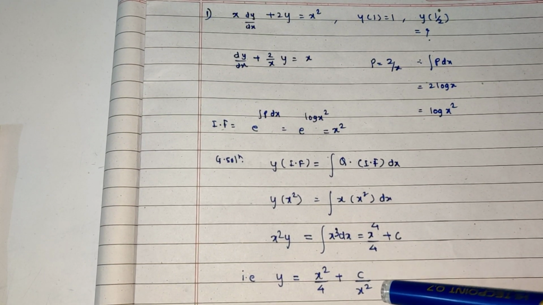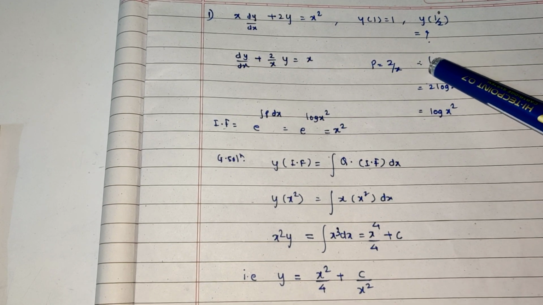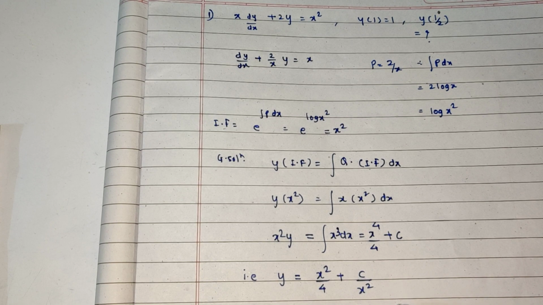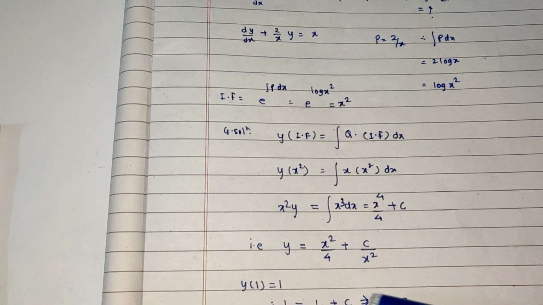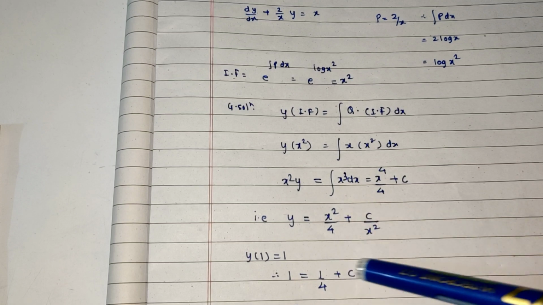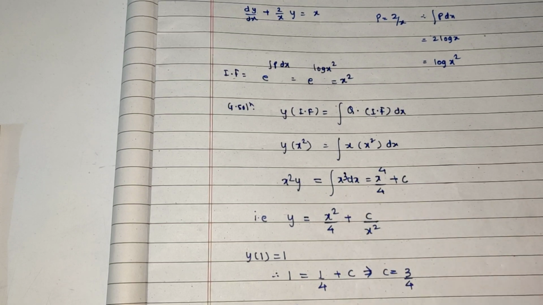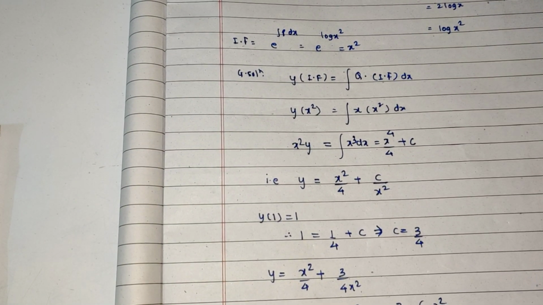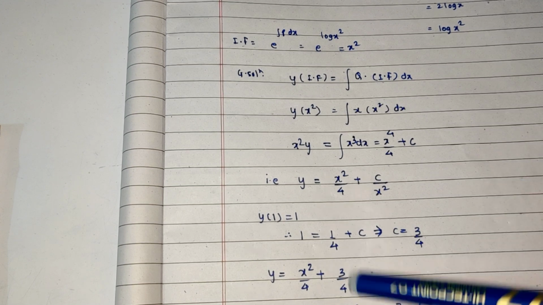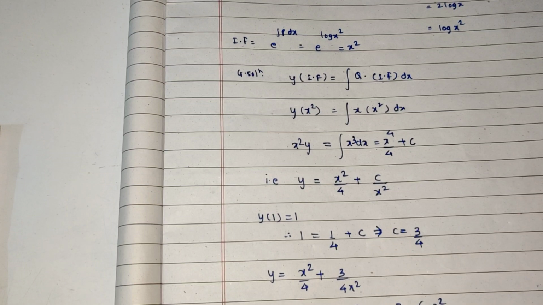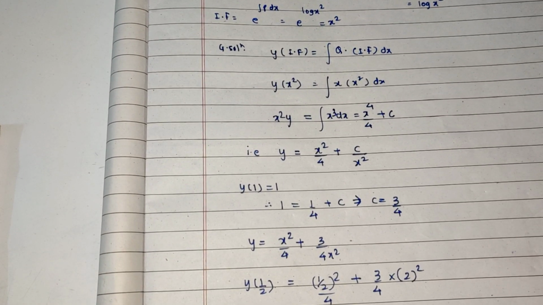C is to be found out, given that x is 1, y is 1. So substitute here, y is 1, x is 1, and c will be equal to 3/4. Therefore the equation of the curve will be y = x²/4 + (3/4)/x², that is the equation of the curve.